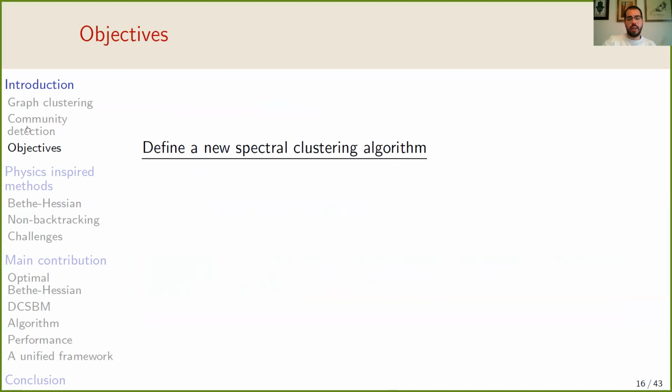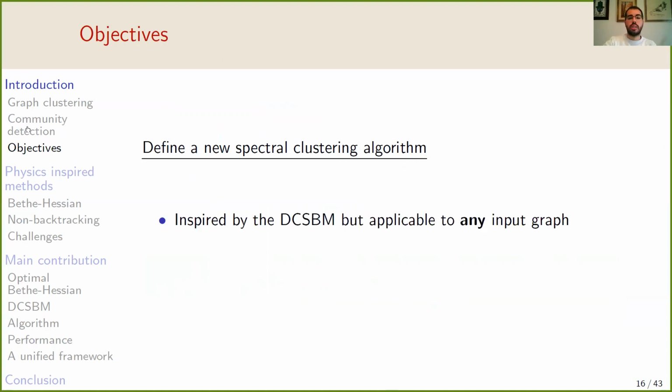Now, the objective we have in mind is to define a new spectral clustering algorithm which is inspired by the DCSBM, which allows us to have a very deep theoretical understanding, but is applicable to any input graph, and is capable of dealing at once with sparsity and degree heterogeneity, two challenging and frequently observed aspects of real networks.